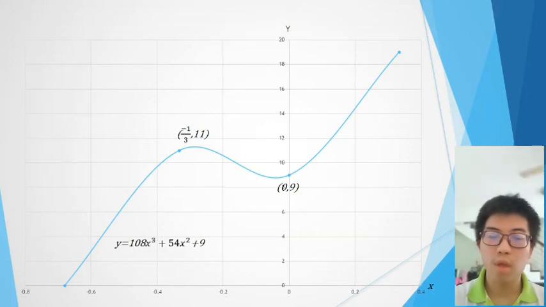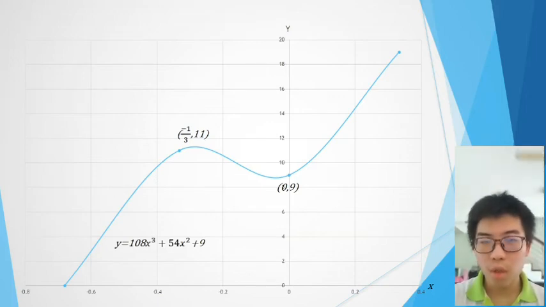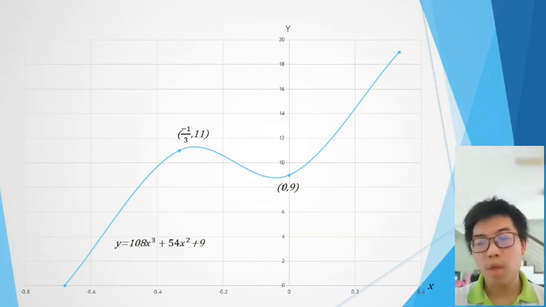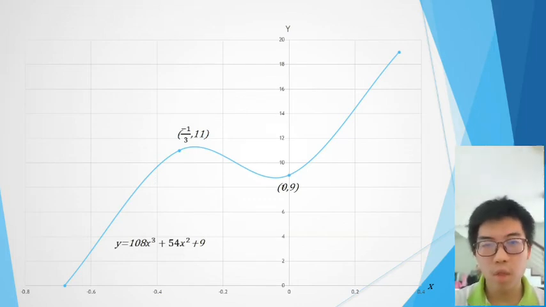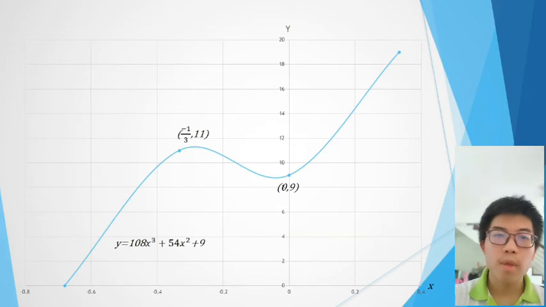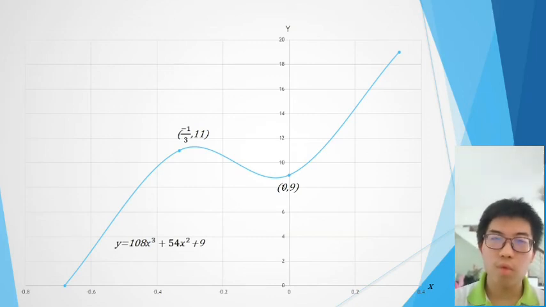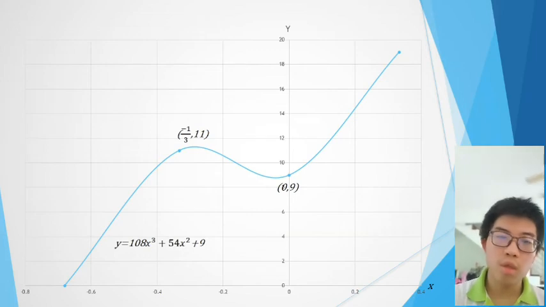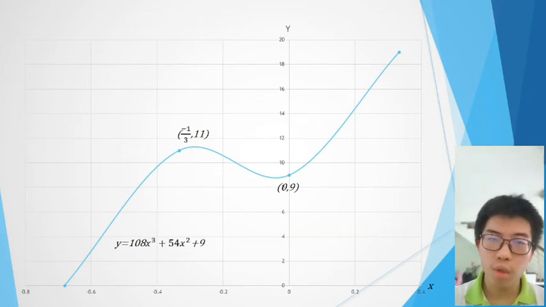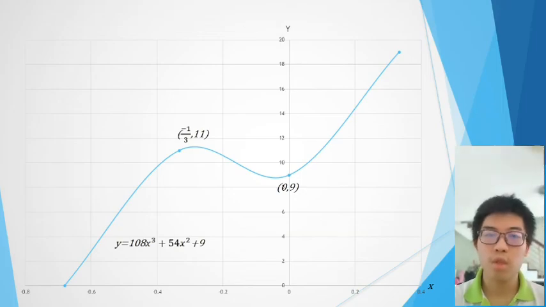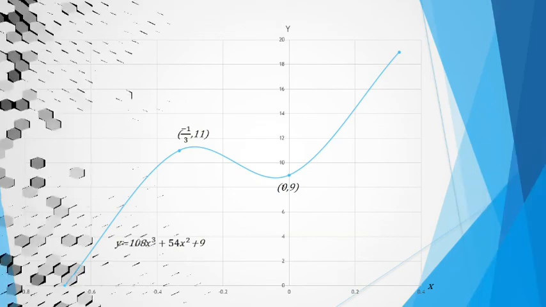We can use the calculator. We press mode until we see EQN, and then we change to degree 3, and then we insert the equation into the calculator, so we can get -0.68. So the graph will be like this.